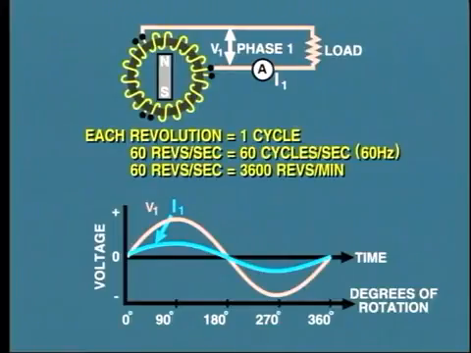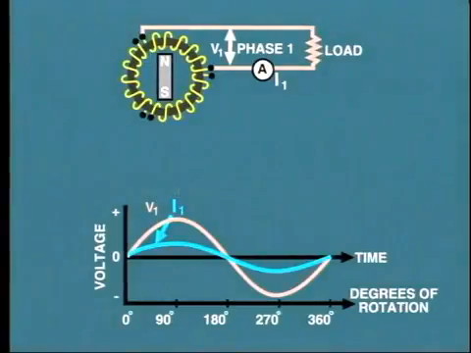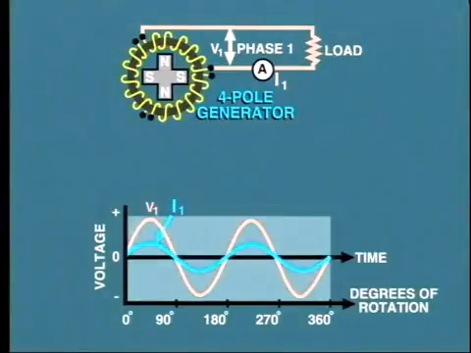By contrast, a two-pole machine on a 50 hertz system, as used in Europe, needs to run at 3,000 RPM. On some generators, the rotor is built with 4 poles instead of 2. That is, 2 north poles and 2 south, like this. Now, each single revolution of the rotor will generate 2 complete voltage cycles.